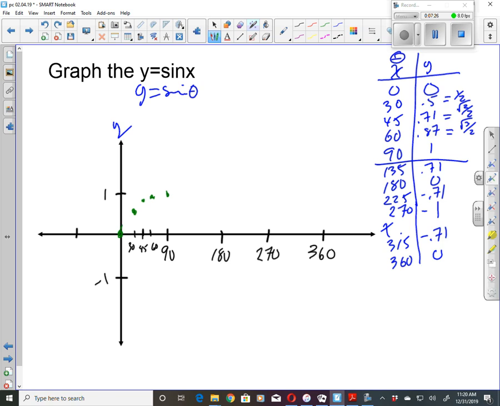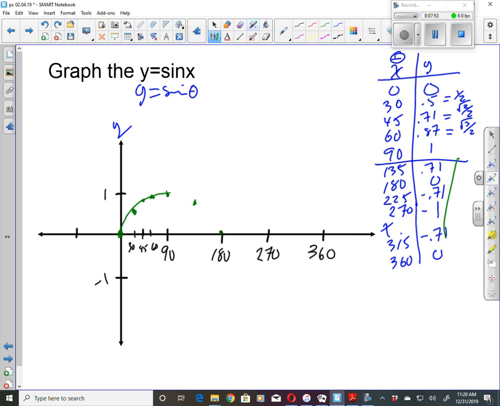Now notice that this graph is a curve. Okay, that curve ends up repeating. Now notice that from here, I didn't do all the 30 and 60 degree multiple angles. So I'm going to go ahead and plot some points. I know right here in the middle, I'm going to be at 0.71. I'm going to come down to 0.